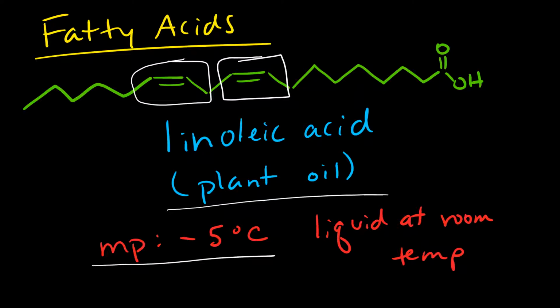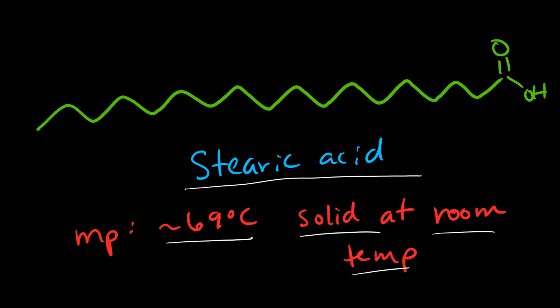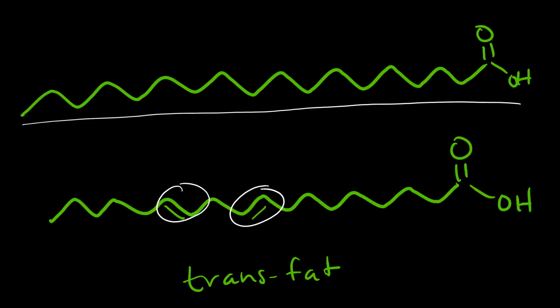And this has a melting point of -5, and it's a liquid at room temperature. If you compare that to the completely saturated fatty acid, so this would be stearic acid, this has a melting point of 69 degrees and it's solid at room temperature. You can see that if the double bonds were changed from cis to trans, this type of fatty acid would pack in a very similar way to a fully saturated fatty acid.